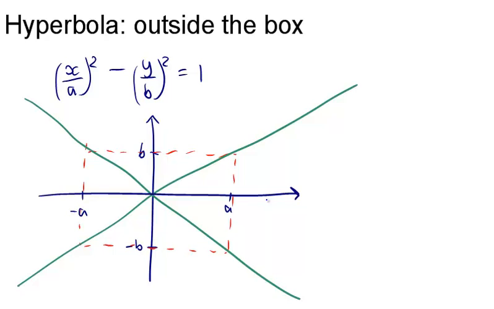It touches the box on the outside at the places where it crosses the x-axis. And there it is. Of course, my hyperbola might point the other way, and I'll draw a picture of that one too.